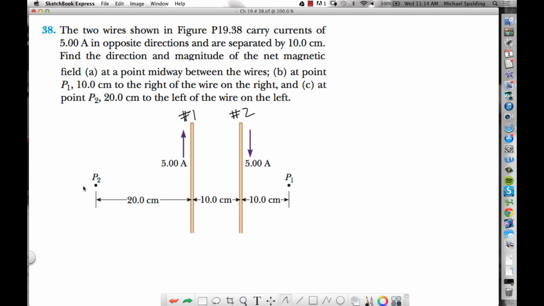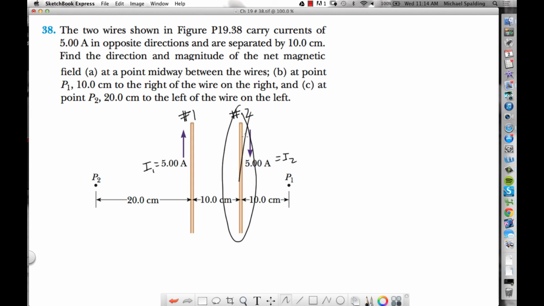Well, the first thing you want to do is identify which way the magnetic field's going. So we're going to start at the midpoint between the wires. This is current 1, this is current 2. Focusing on the midpoint, which way is the magnetic field from wire number 1? Forget about wire number 2 for a moment.